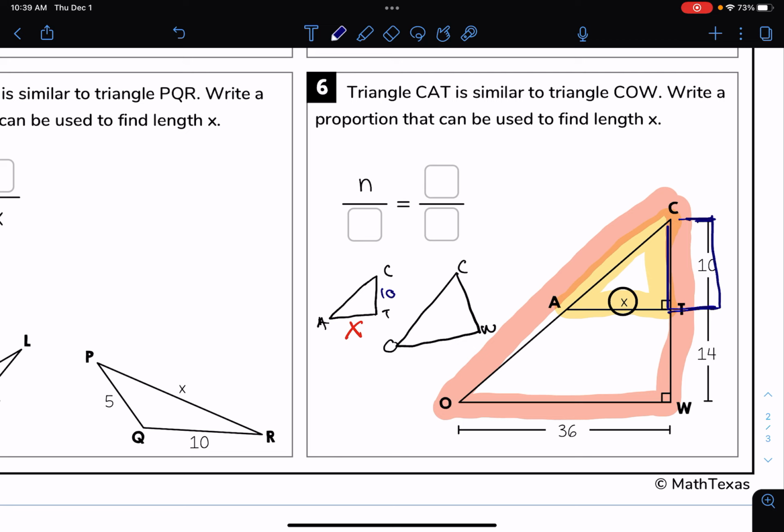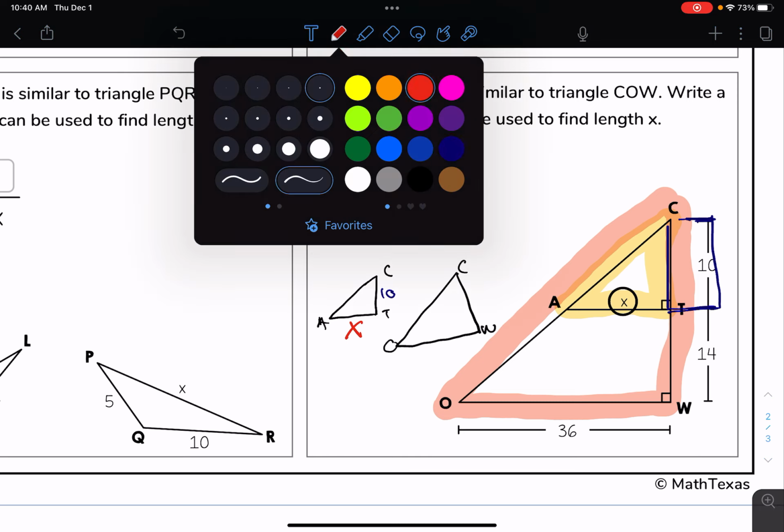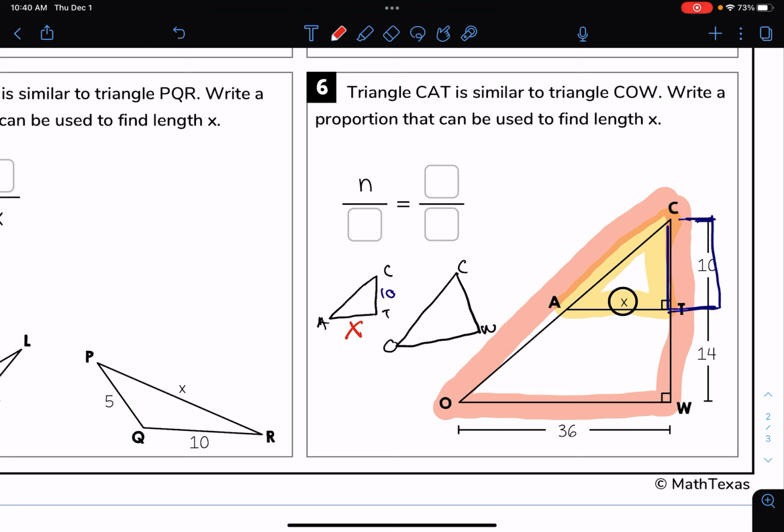So now that we have that, we're going to go ahead and look at triangle COW. And so for triangle COW, if you look down here, we have 36. So that means that OW line measures 36, a length of 36. So now we're looking at line CW.